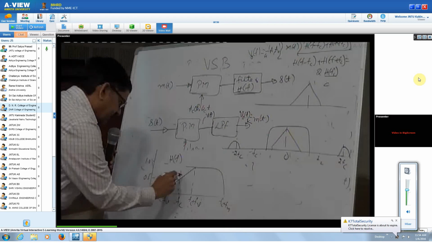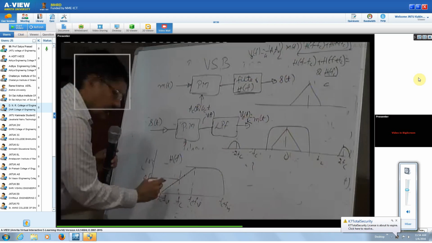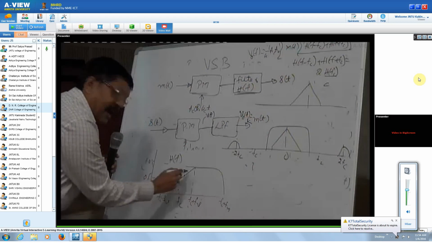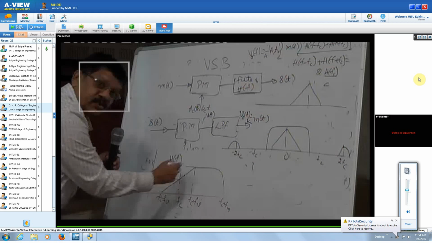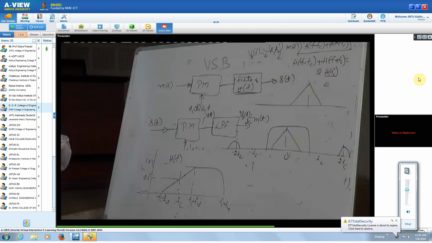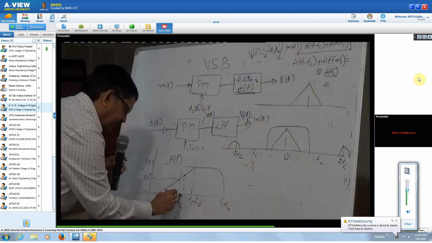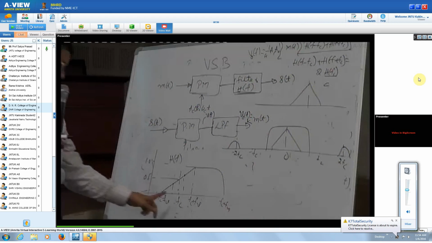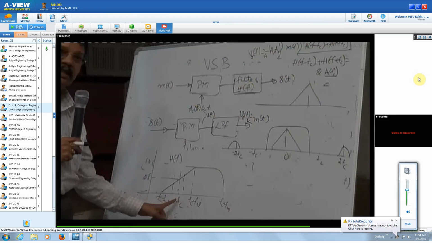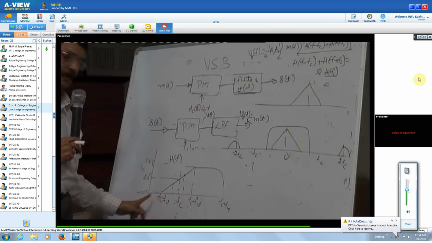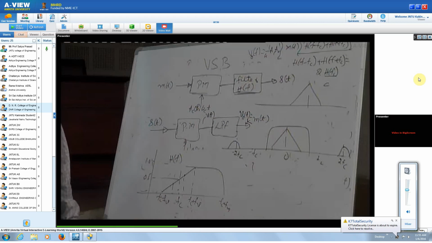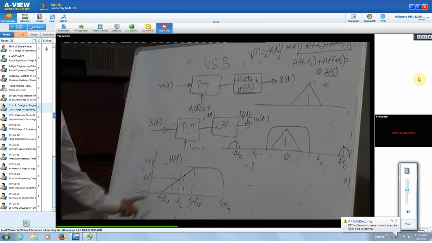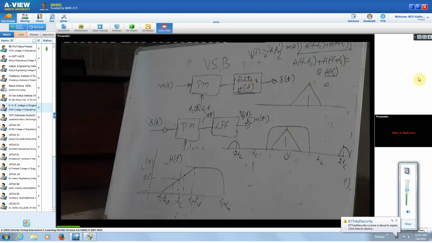So from the center frequency, if you move here and at the same time move there, and you add these two, the value is equal to 1, right? This value plus this value, you add Fc plus some value or Fc minus some value. You are getting the required constant.